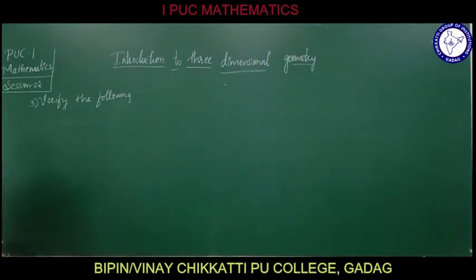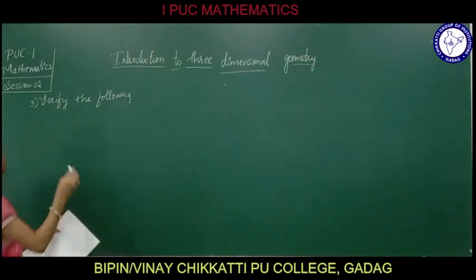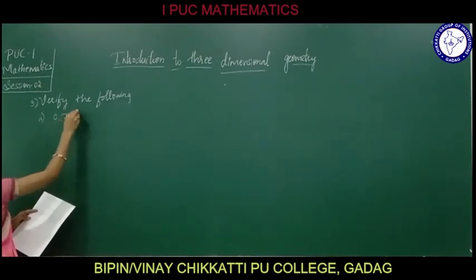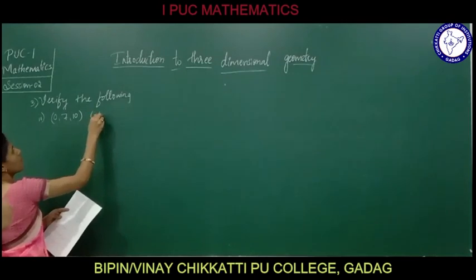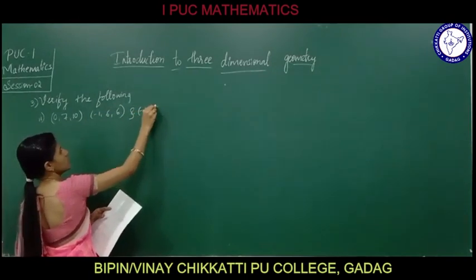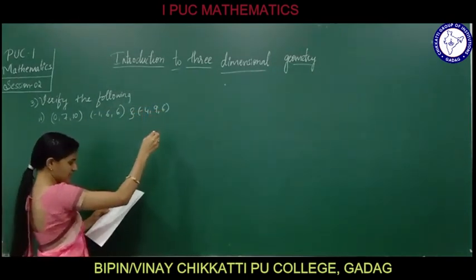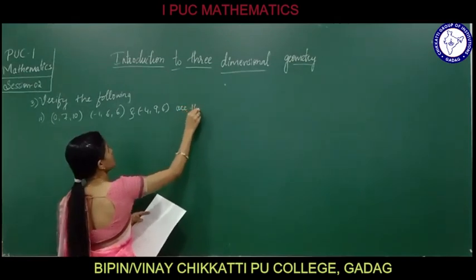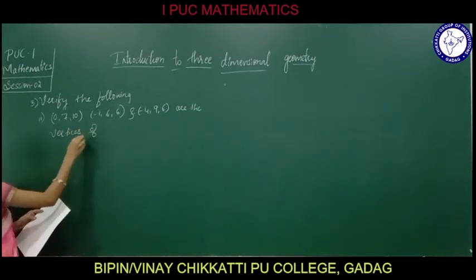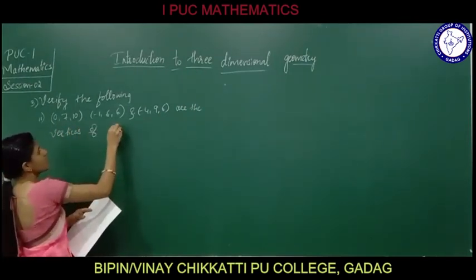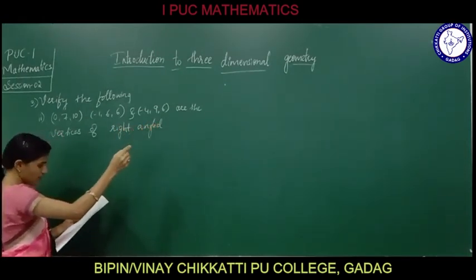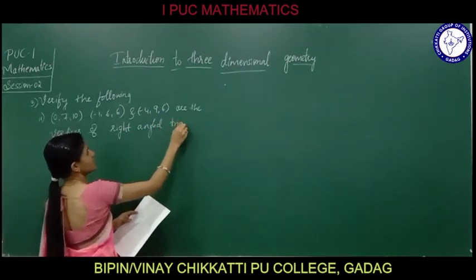It is given that, among that, the second one is (0, 7, 10), (-1, 6, 6) and (-4, 9, 6) are the vertices of a right angled triangle. How is it? These are the vertices of a right angled triangle.